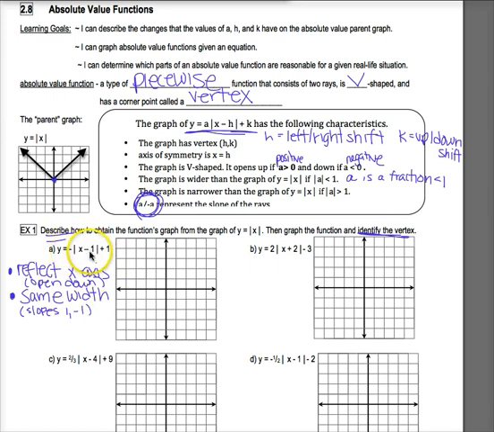Now I move on here. What's inside the absolute values controls my left-right shift right up here. So it's the opposite of what you might think. When you have a negative on the inside, that means you're going to move to the right. So you are going to shift right 1.